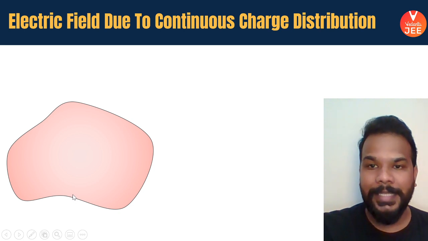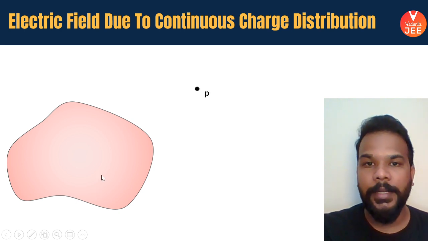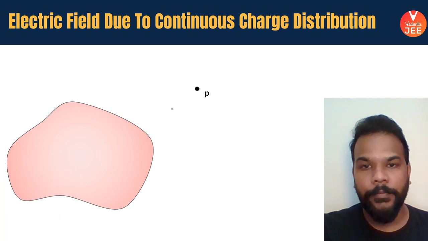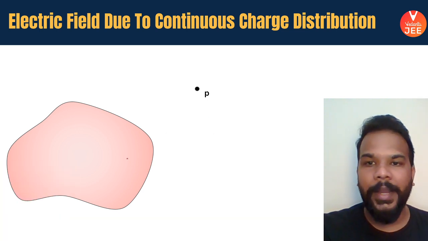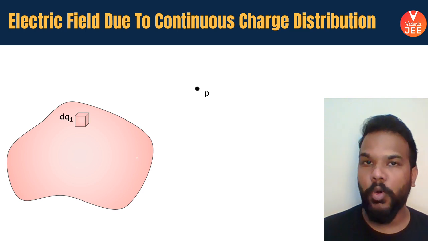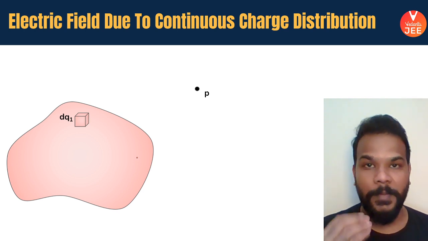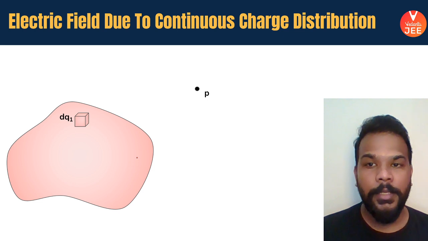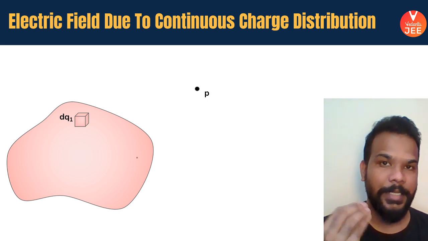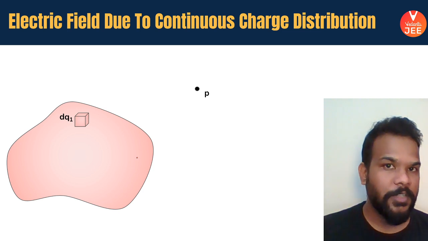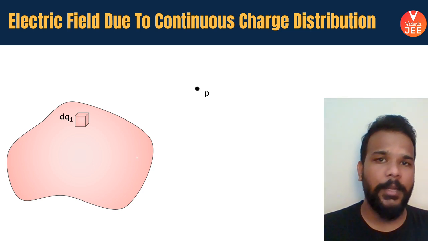That is the part that we need to understand. If say this is your object and you are interested in finding the electric field at a point P, then we divide the entire body into small charge elements, especially point charges. If the first element of charge that you see here is dq1, then we first focus only on dq1 and forget about the entire body.